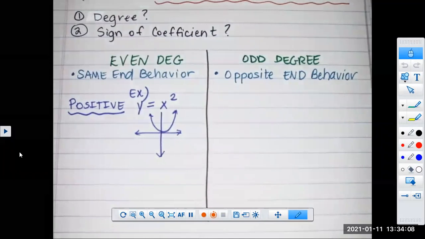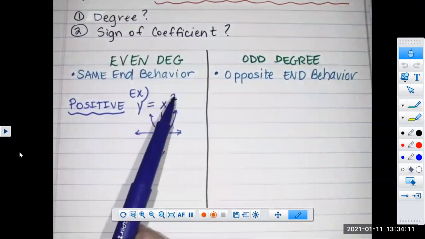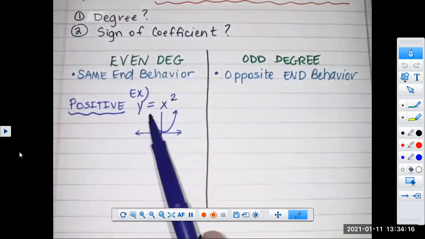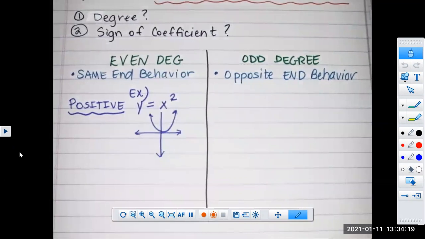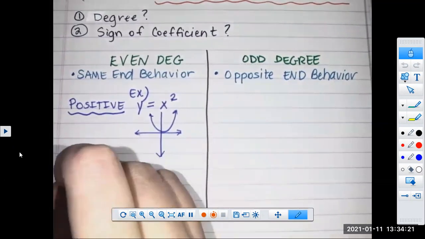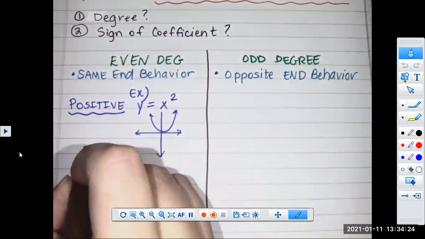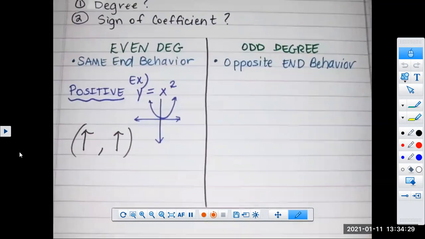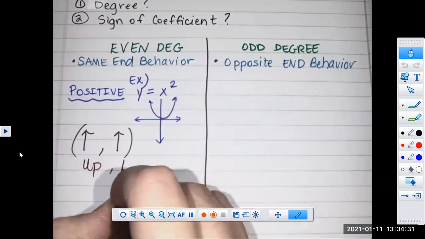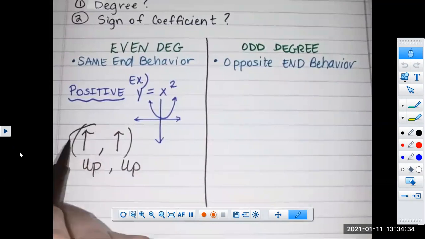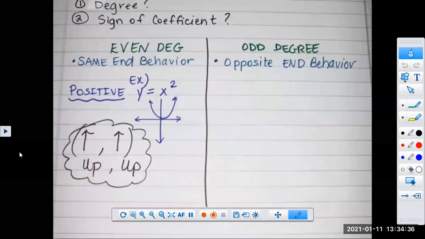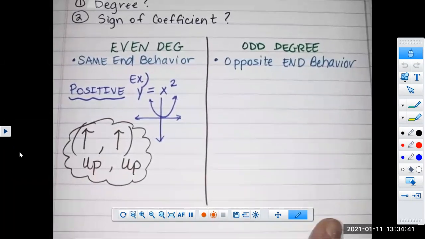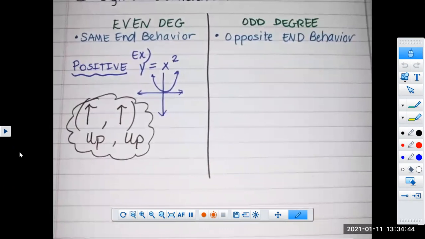So what is your end behavior when your degree is even and you have a positive coefficient? What will your graph do on the left side and the right side? Good. So you would say it goes up on the left side and up on the right side. Or you can say up, up, it doesn't matter. So even degree, positive: up, up.